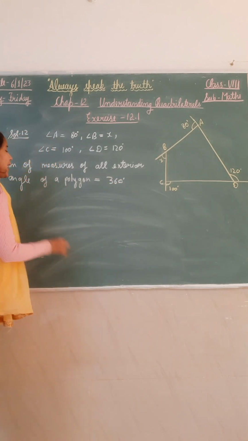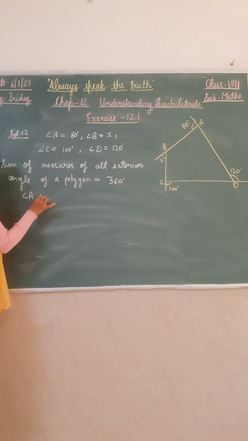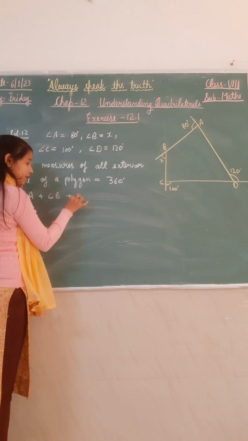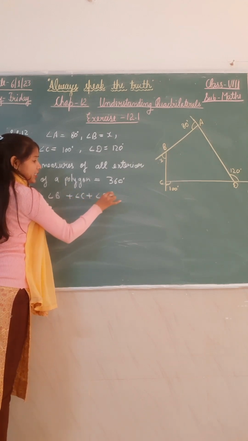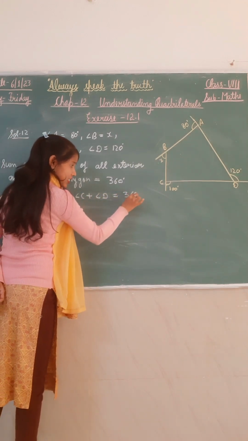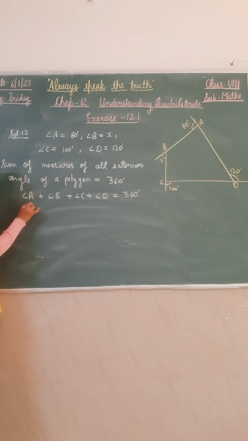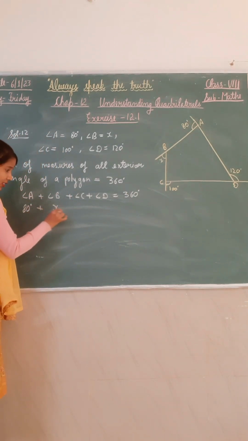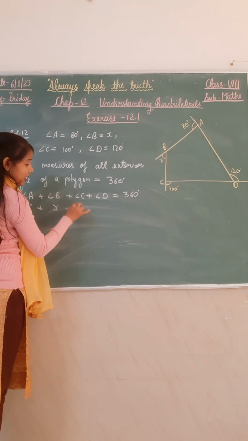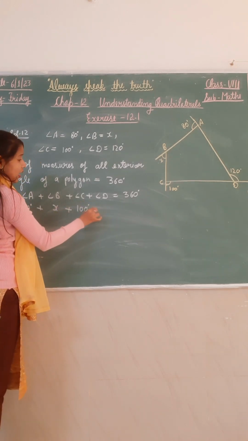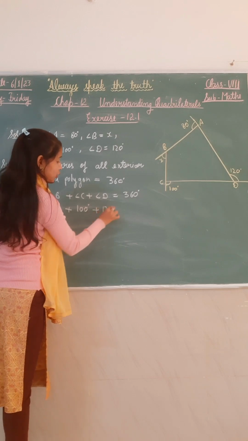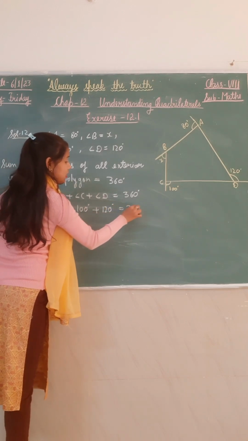That means angle A plus angle B plus angle C plus angle D is equal to 360 degrees, right? And angle A is 80 degrees, angle B is x, angle C is again 100 degrees, and angle D is 120. It's equal to 360.